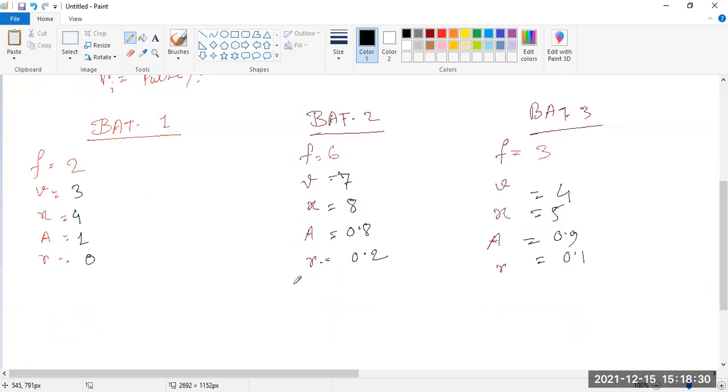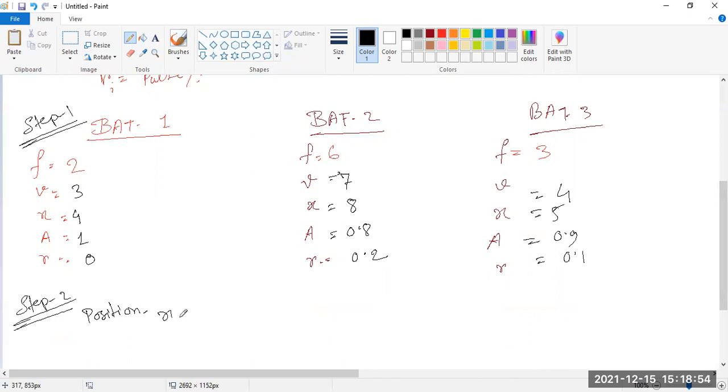So first, what will we do? If you see, the algorithm tells you initially: step one is initialization. Then step two is telling you to select the position.